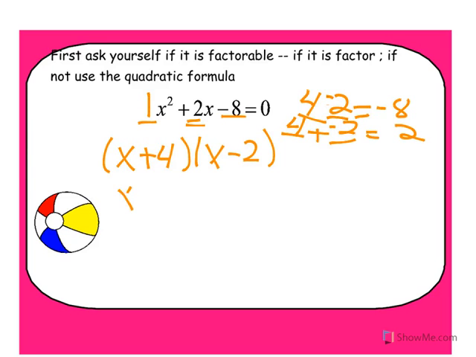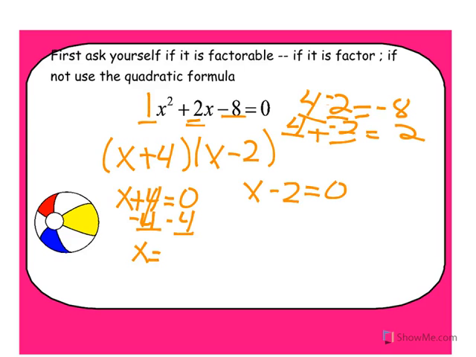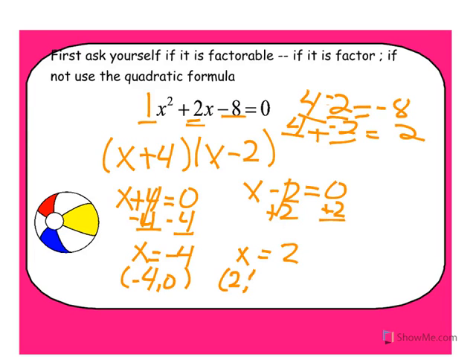And remember, we set these equal to 0, just like we did in Unit 10. Very quickly, we can find the solutions, the x-intercepts, the roots. The first one occurs at -4. And the second one, when we add 2 to both sides, x is equal to 2. That means the two x-intercepts, the two roots, are located at -4 and +2.